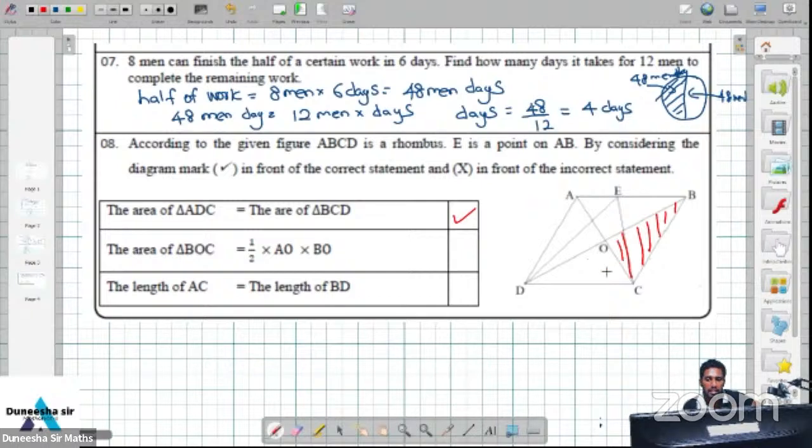Equal to AO multiplied by BO. Is it correct? Area of BOC.